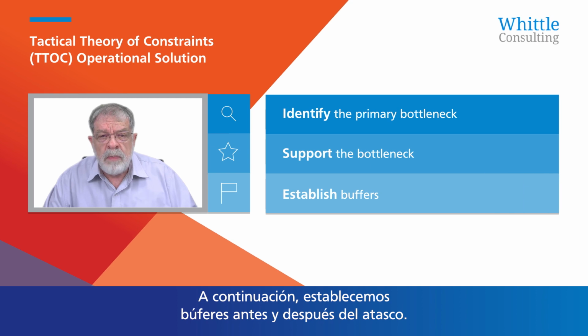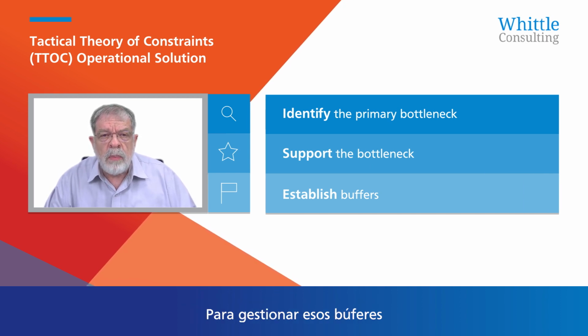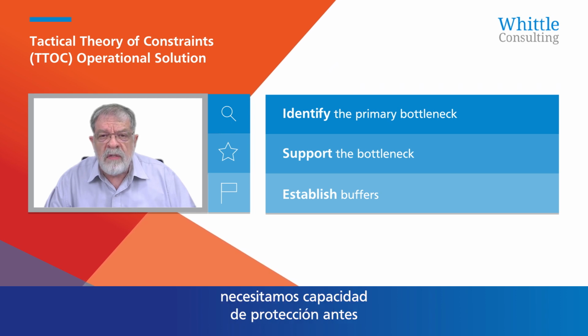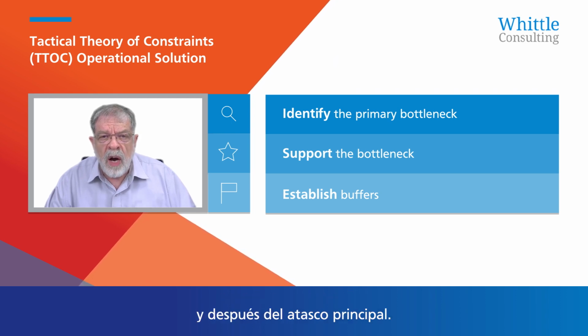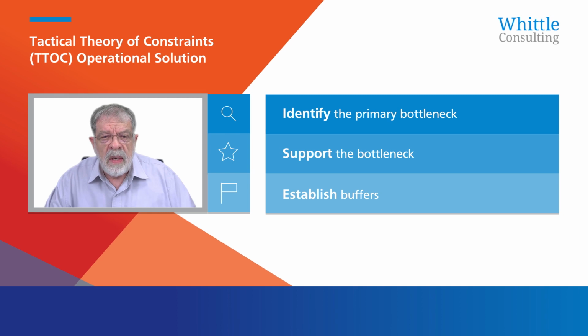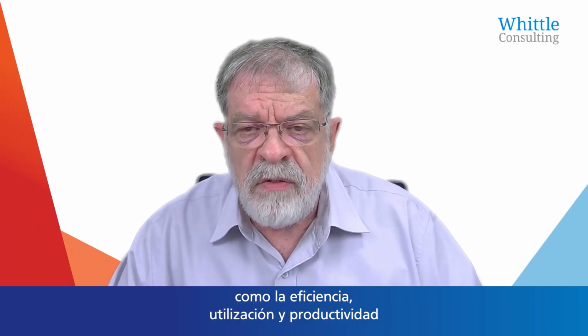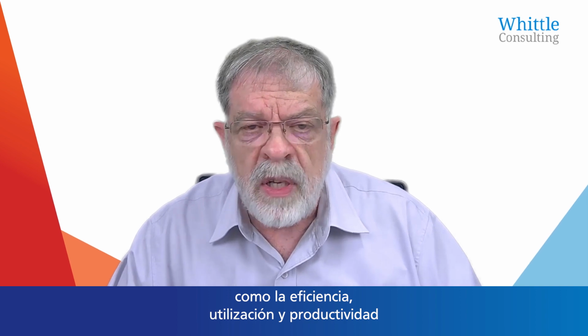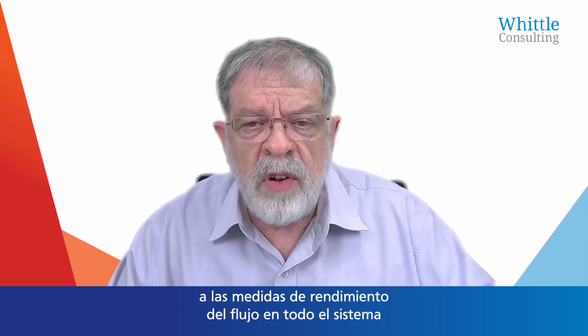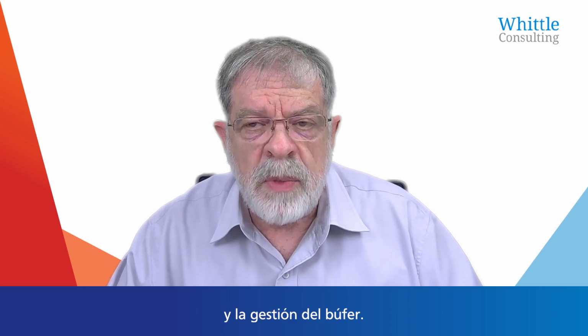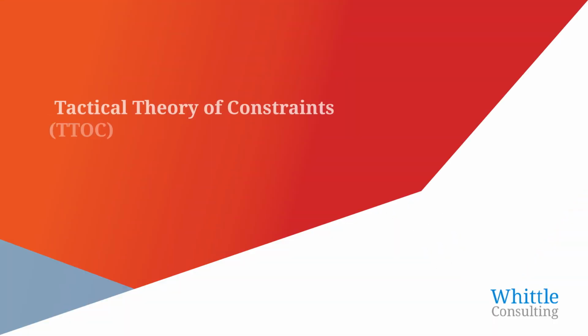Then we establish buffers before and after the bottleneck. And in order to manage those buffers, we require protective capacity before and after the primary bottleneck. Changing the focus from traditional KPIs like efficiency, utilization, and productivity to system-wide flow performance measures and buffer management is what it's all about.